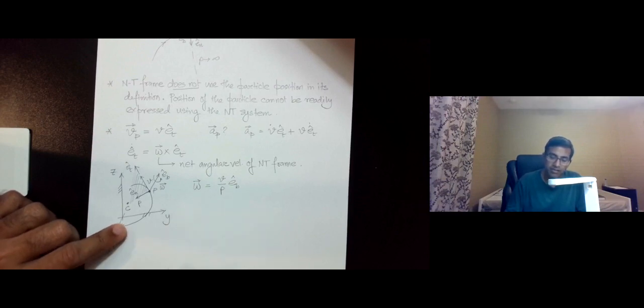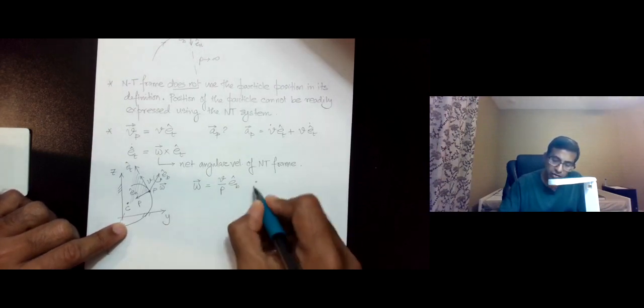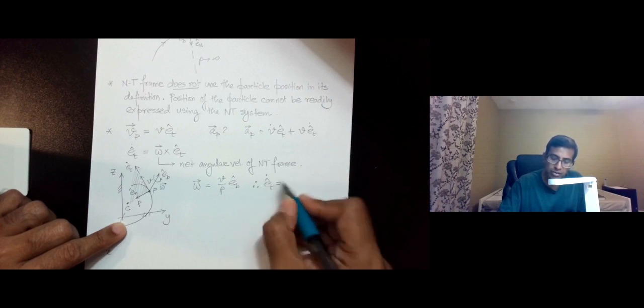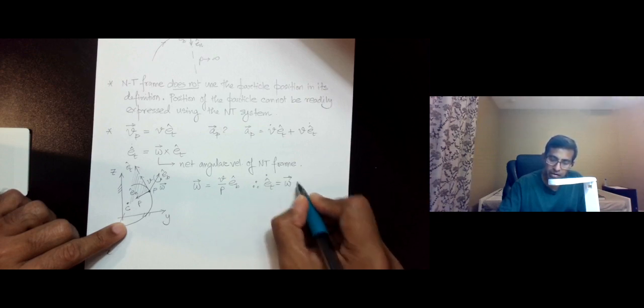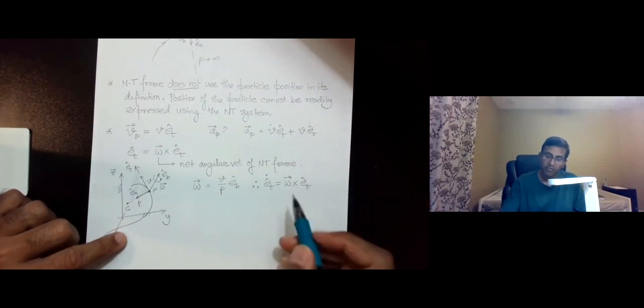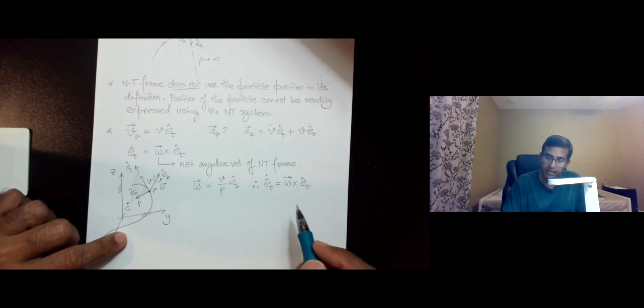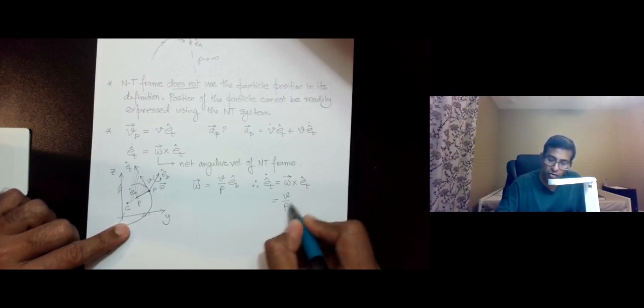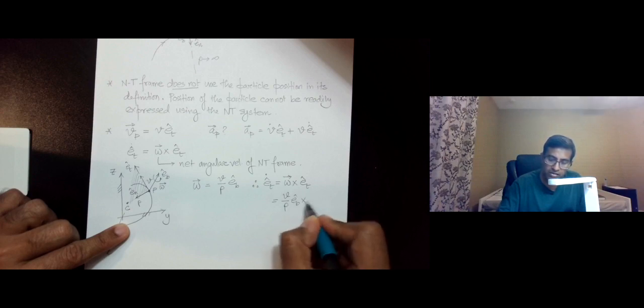So this is the angular velocity, and therefore et dot is equal to omega cross et, the basic definition of the rate of change of a unit vector. And so it is v over rho eb cross et.